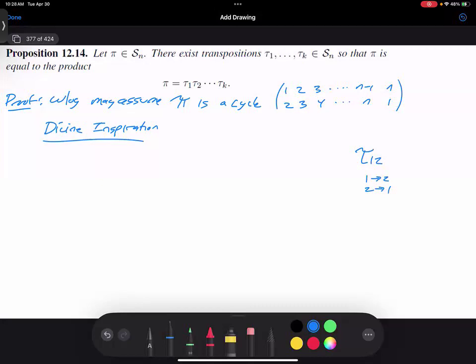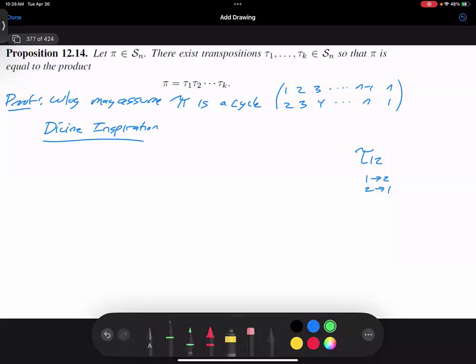I sent 1 to 2. So let's try to fix this by now putting something in that's going to keep 1 going to 2, but will send 2 to 3. Well, I know tau 1, 2 sends 1 to 2. It sends 2 to 1. So I want something that sends 1 to 3. So can you give me a transposition that sends 1 to 3?